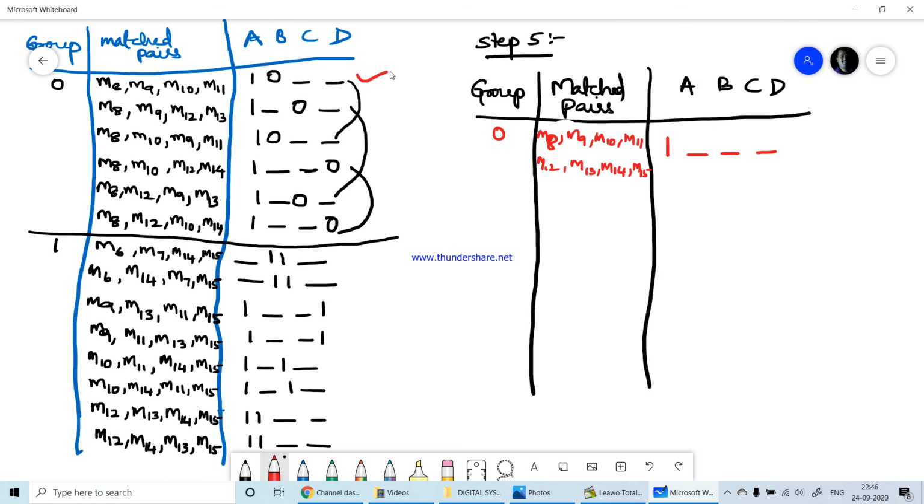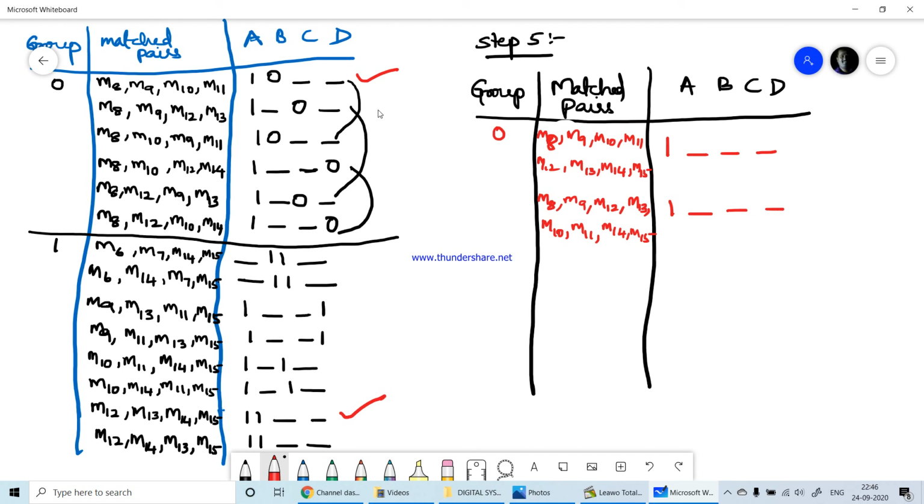So this M8, M9, M10, M11, M12, 13, 14, 15 has been matched. It will not match with any other terms here. The next match is M8, M9, M12, M13, which will be matched with M10, M11, M14, M15. Therefore again we will get one triple dash.